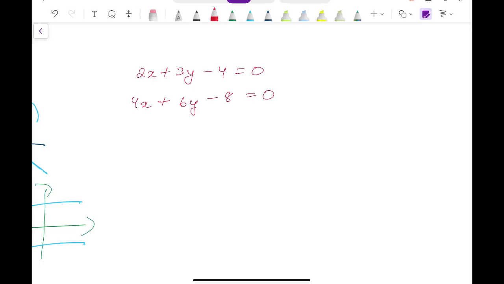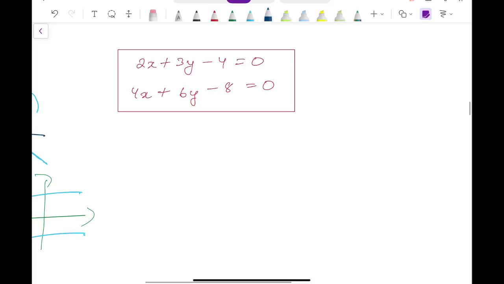If you are asked to find whether these two equations are consistent or not, then you just figure out this one is A1, this one is B1, and this one is C1. This one is A2, this is B2, this is C2.